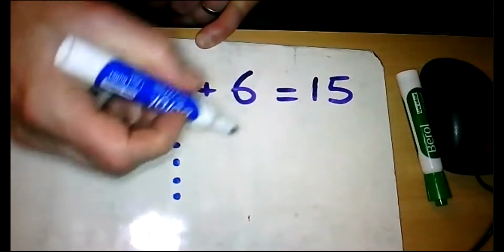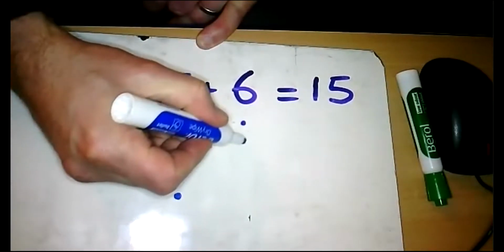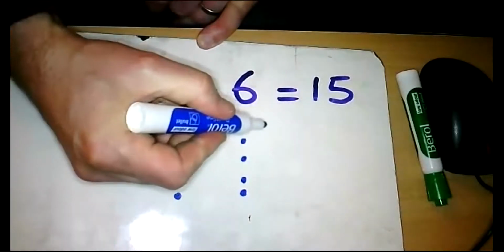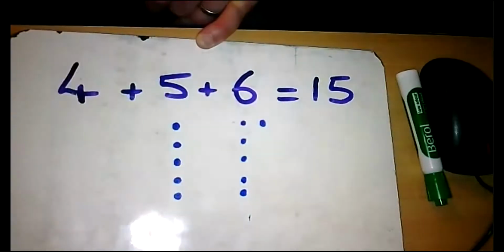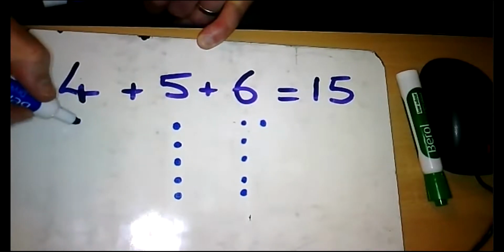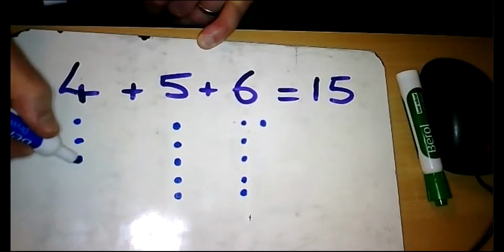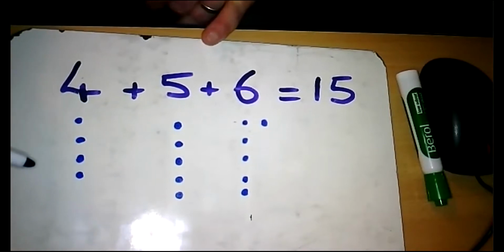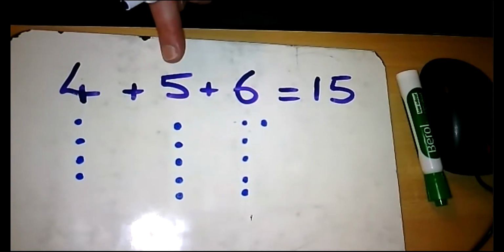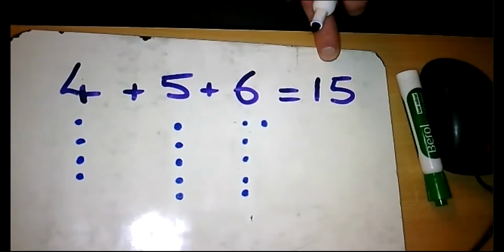Okay, I'm going to show my 6. 1, 2, 3, 4, 5. I like counting in the 5s, so I'm going to put my extra 1 here, 6. And on this side, I've just got 4. 1, 2, 3, 4. A couple of moments ago, I said we've got 3 times 5, which is 15. I haven't got 3 lots of 5 here.